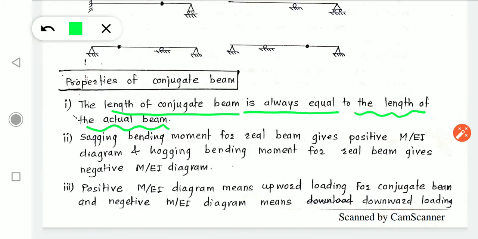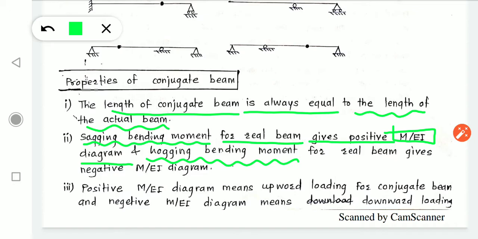Next is, a sagging bending moment for a real beam gives a positive M by EI diagram, and a hogging bending moment for a real beam gives a negative M by EI diagram.